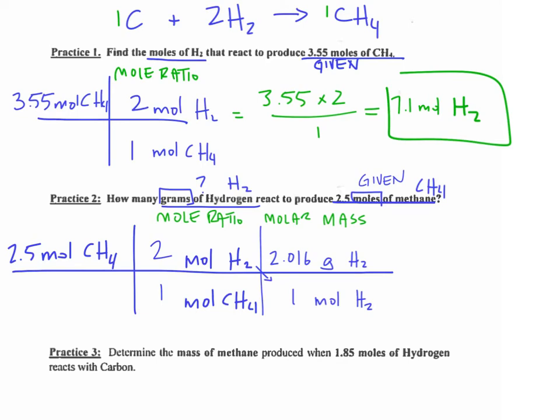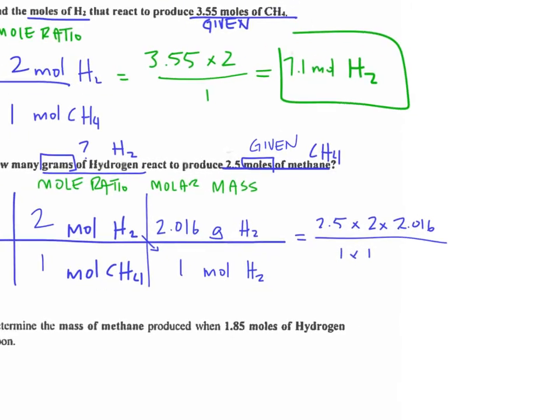So now if I do the math, I have 2.5 times 2 times 2.016, all divided by 1 times 1. And when I multiply those together, let me scoot this over a little bit.